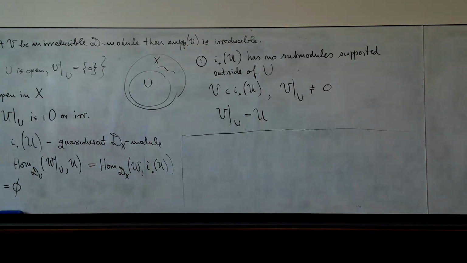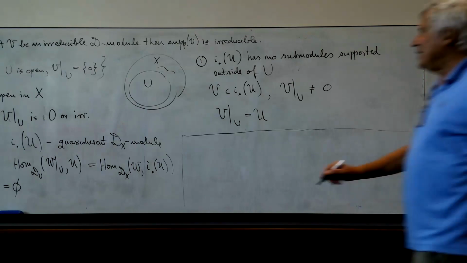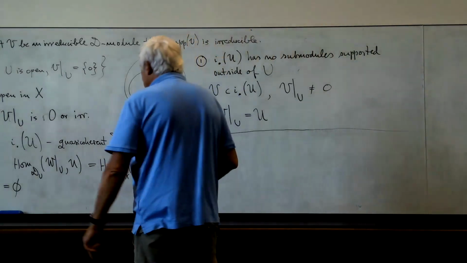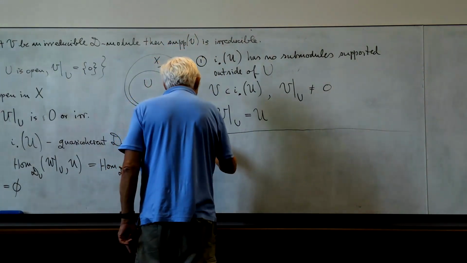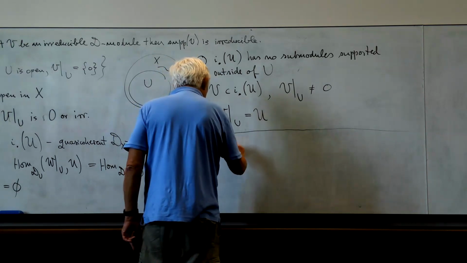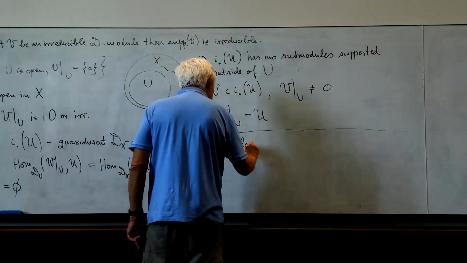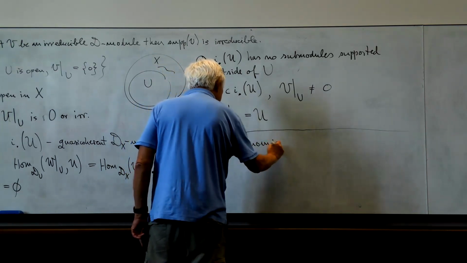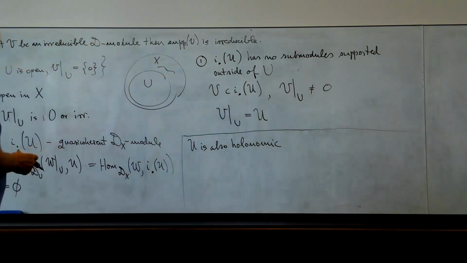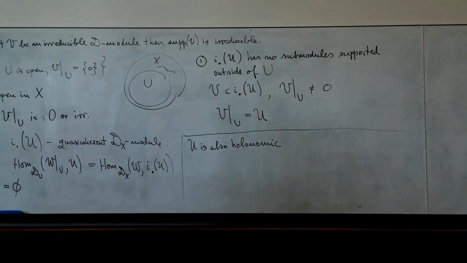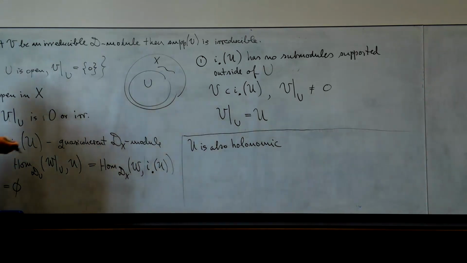In general, we cannot do much after this, but let's assume that script U is also holonomic. Then the direct image functor for D modules preserves holonomicity for open embeddings.